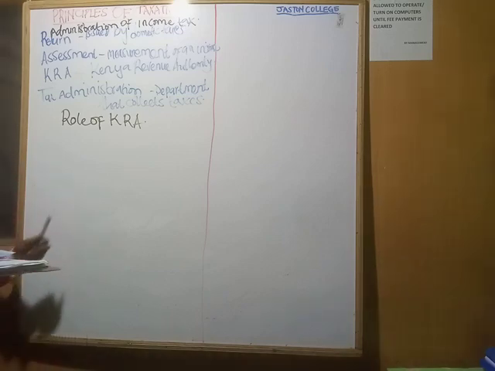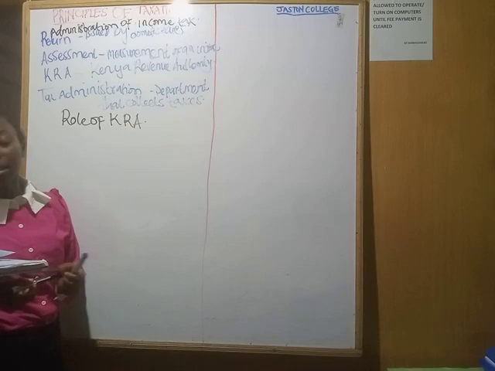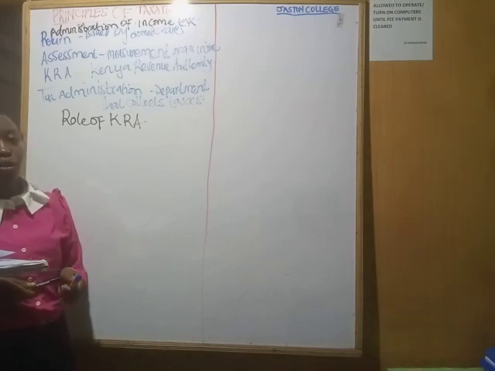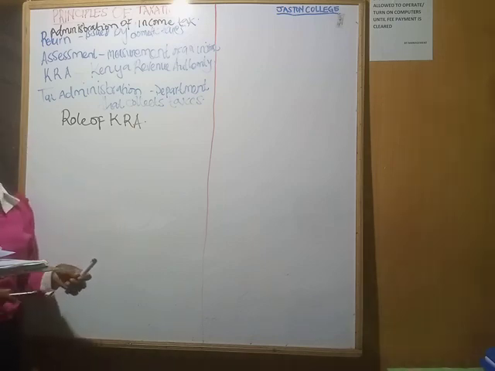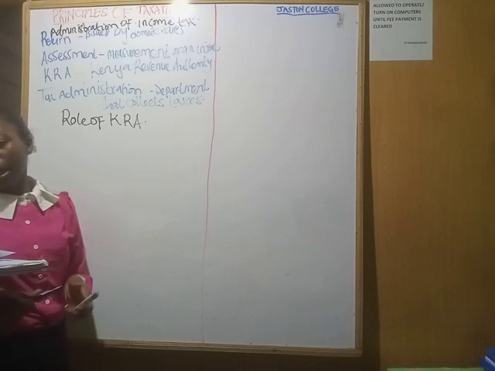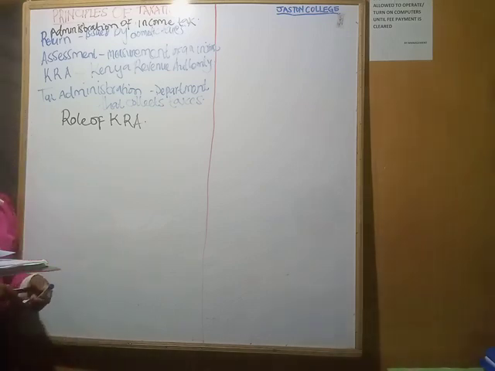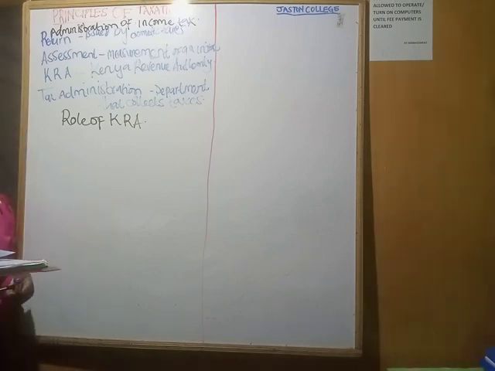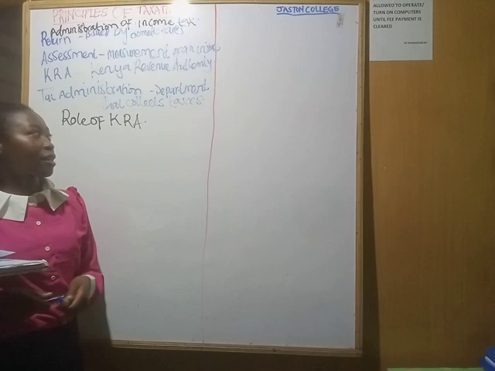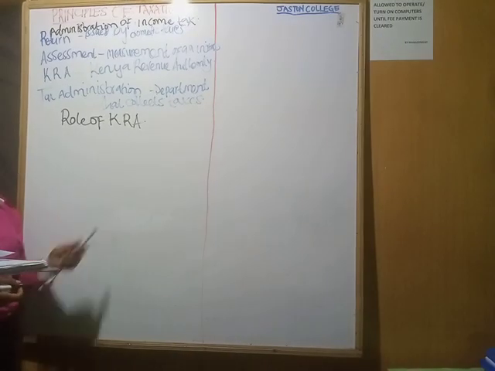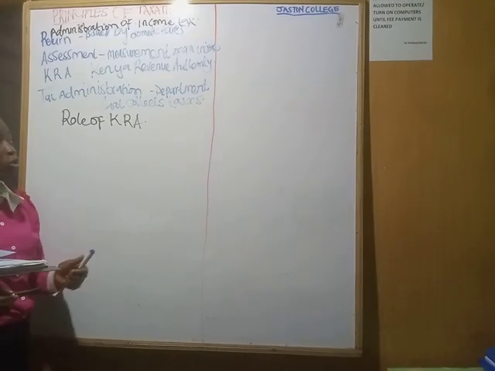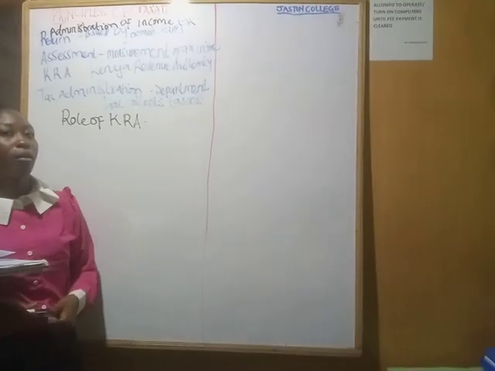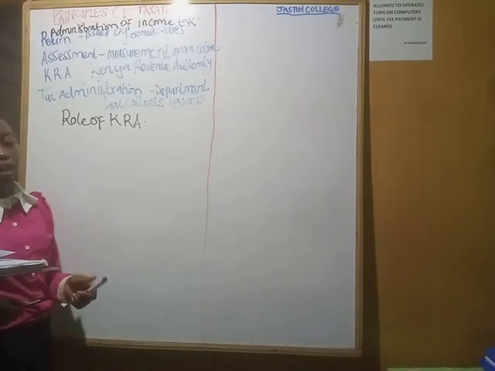So their role is also to advise on matters pertaining to administration and the collection of revenue. We also have another role, and it enhances efficiency and effectiveness of tax administration. So the role of KRA is to make sure that every taxpayer pays their due tax.